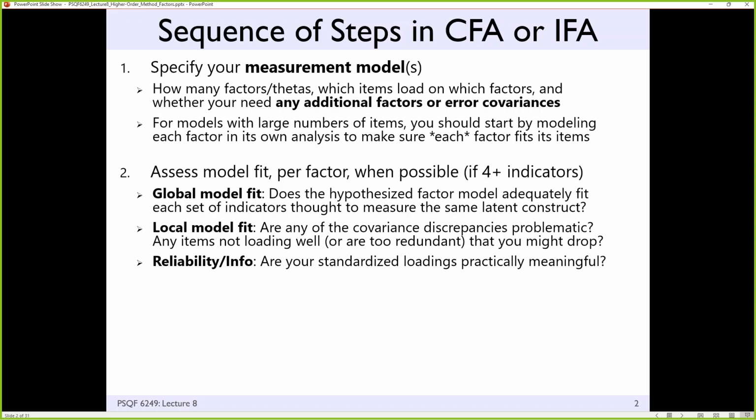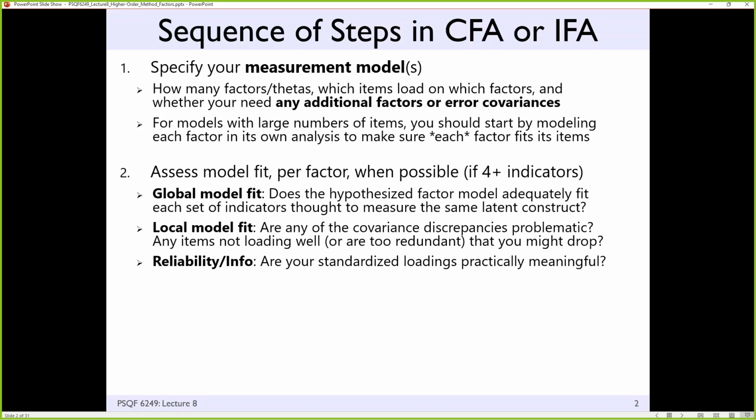So the logic is that if you know that each factor fits by itself, and you put all the factors together in one larger model and it doesn't fit, you can be reasonably sure that the reason it doesn't fit is because of cross-factor item residual relationships. So if everything within a factor is good and it doesn't fit when you put it together, it has to be this item on this factor is more related to this item on this other factor, not anything that's inside. So it cuts down on the logical possibilities as to what would go wrong if you break the analysis into pieces.